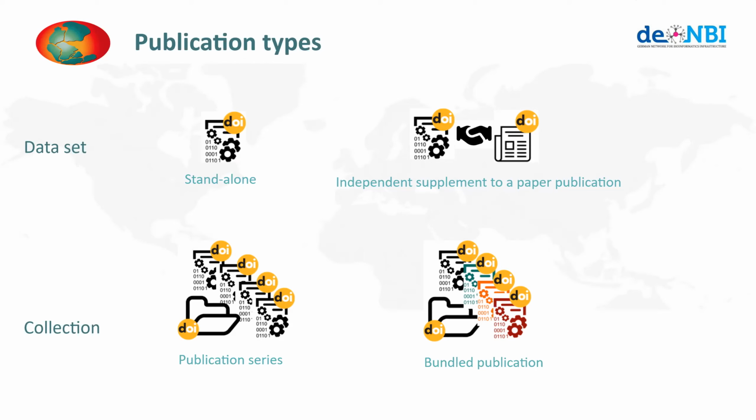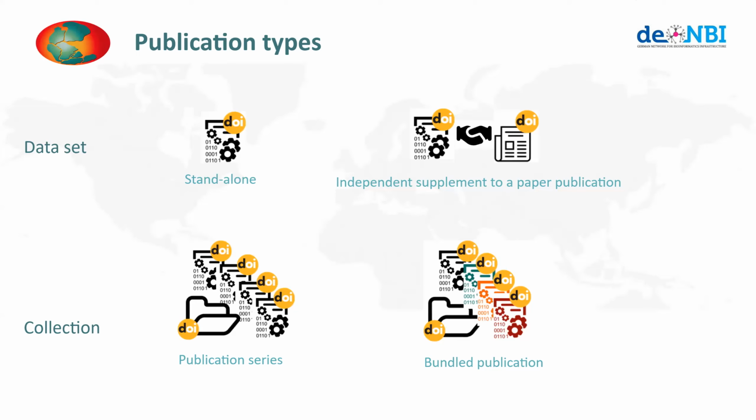And this can also be an open-ended collection. So in the next time period, you will add a new publication, or it can be the same kind of data measured at different locations. So all these let's say homogeneous data can be published within a publication series, which then has own citation.